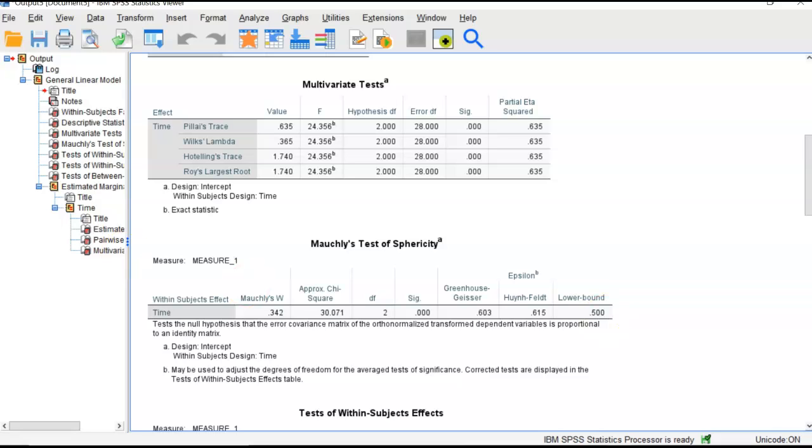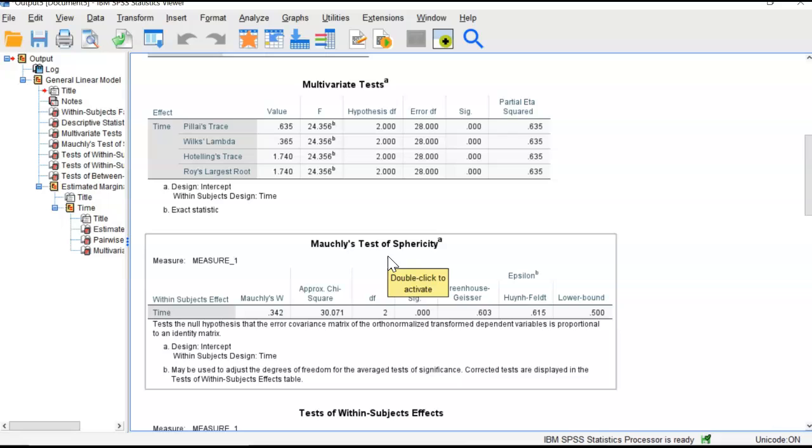Now the first section, and as Pallant says on 277, you'll notice that this technique generates a lot of complex looking output. So you've got tests of sphericity, that's the Mauchly's test, and basically if you violated the assumption, you have a significance value that is small.